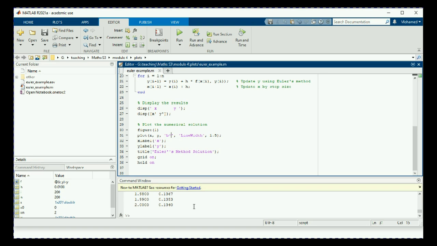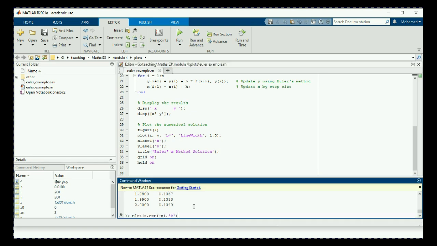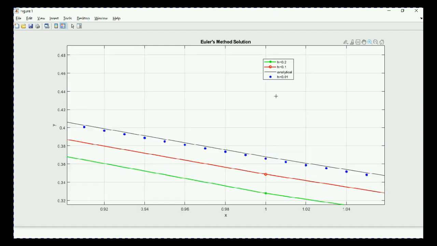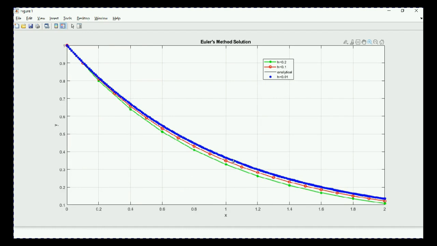Now let's give proper legends: h equal to 0.2, h equal to 0.1 was the next one, then the analytical solution, and the last one, h equal to 0.01. So that's everything now.